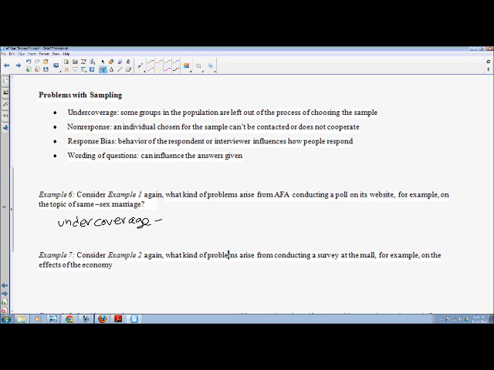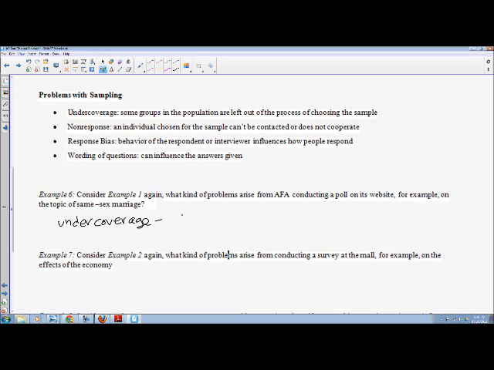because only people who are going to visit this website are going to have the opportunity to take the poll. Other people don't know that there's this poll existing on their website. So they will most likely have strong opinions about same-sex marriage. And so again, it's just the people who visit that website who are going to be taking the survey.